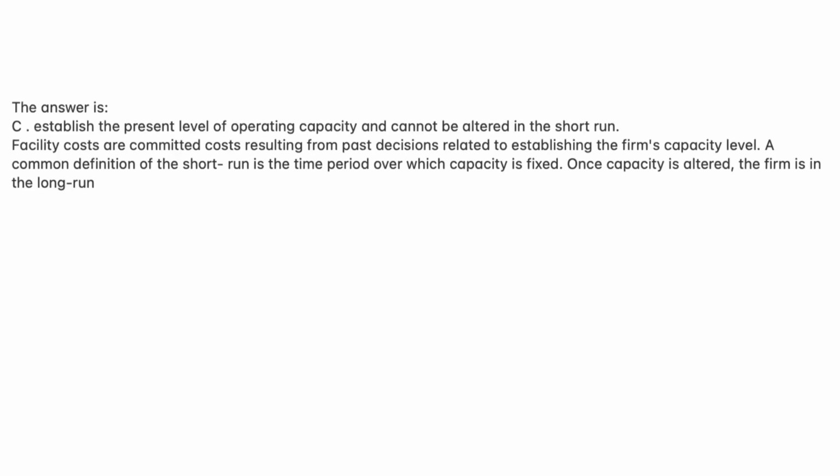The answer is C. Facility costs are committed costs resulting from past decisions related to establishing the firm's capacity level. A common definition of the short run is the time period over which capacity is fixed. Once capacity is altered, the firm is in the long run.